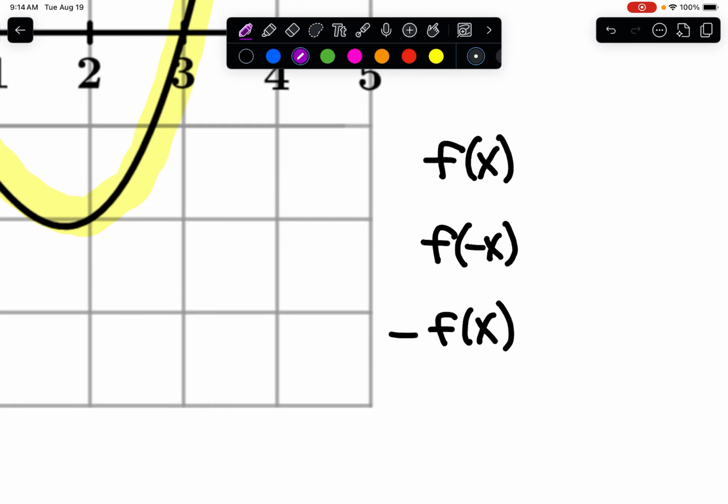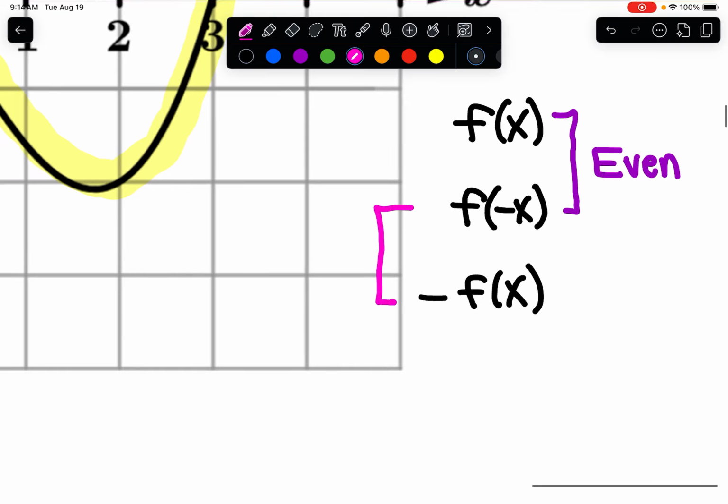If my first two options here are the same, that tells me the function will be even. However, if the second and the third option are the same algebraically, that tells me the function would be odd. And if nothing is equal, then it's neither.